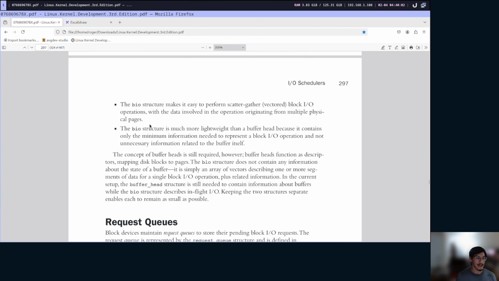And then the bio structure makes it easy to perform scatter-gather, vectored block I/O operations with the data involved in the operation originating from multiple physical pages. The bio structure is much more lightweight than a buffer head because it contains only the minimum information needed to represent block I/O operation and not unnecessary information related to the buffer itself.